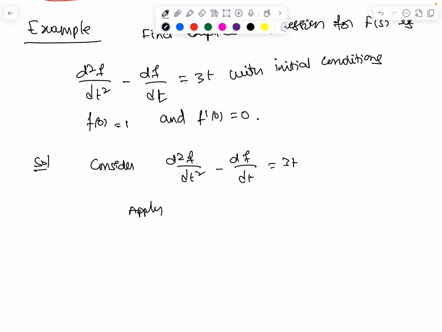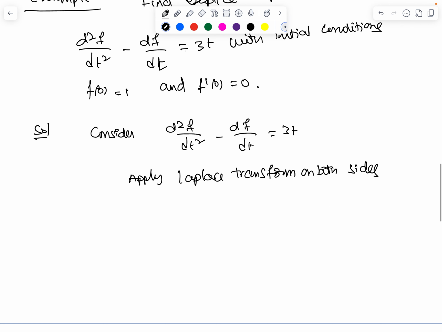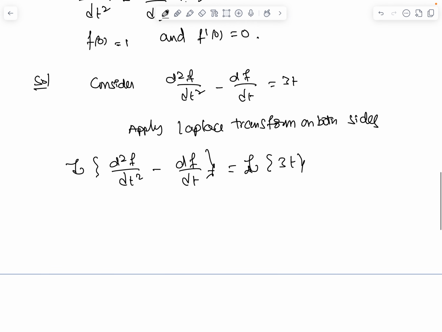Apply the Laplace transform on both sides. If you apply the Laplace transform on both sides, using linearity you can split that operator.